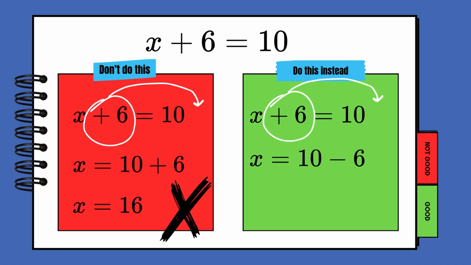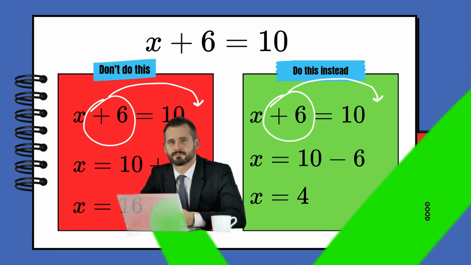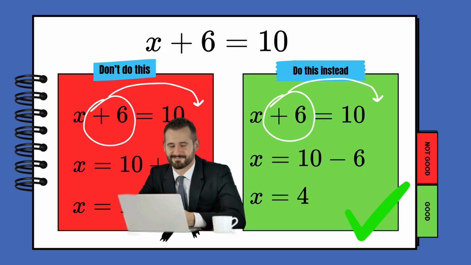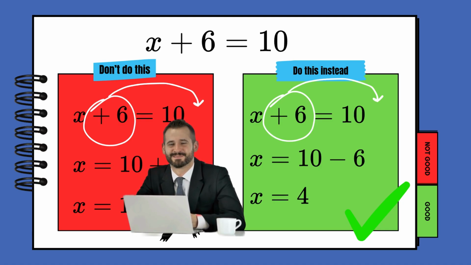So positive 6 becomes negative 6. Aha. So now we have 10 - 6, which we know is equal to 4. So the final answer is 4. And that is the correct answer because we know that 4 + 6 is equal to 10.